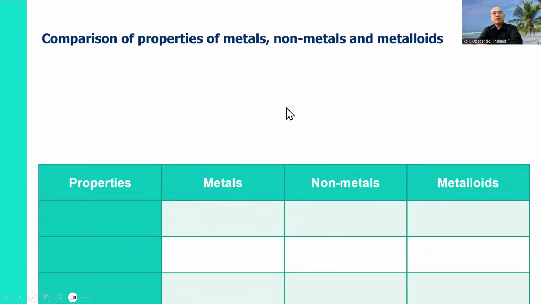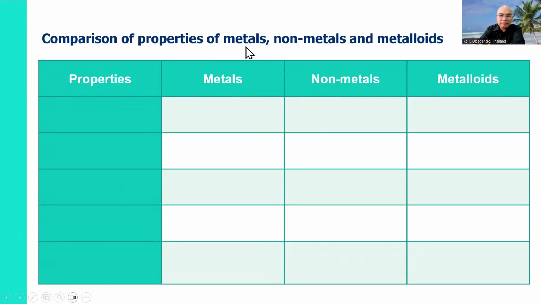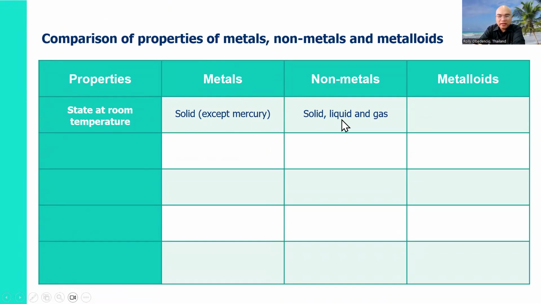So here's the comparison of properties of metals, nonmetals, and metalloids. We have here the state at room temperature: metals are solid except mercury. We talked about that already. And the nonmetals are solid, liquid, or gas.